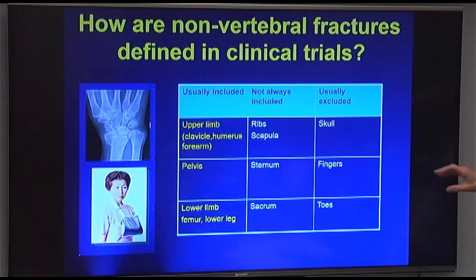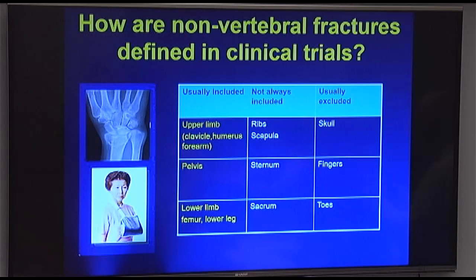we always exclude, almost always, the skull. It is a non-vertebral site, but when patients have a skull fracture, we do not count it as a fragility fracture or as an osteoporotic fracture. We do not count fingers and toes. So a digit fracture occurs. And you may say, well, that's because the digits are fragile, and that may be true.